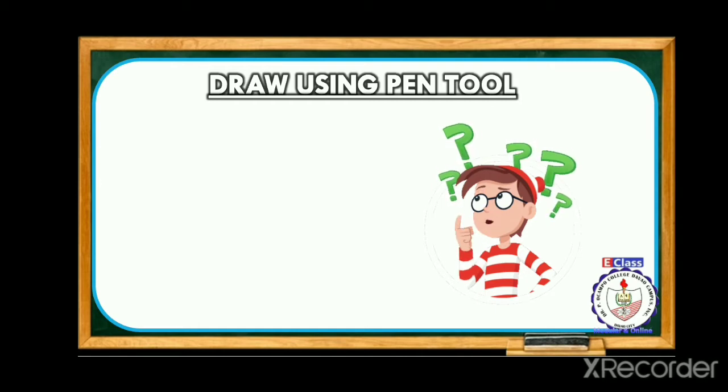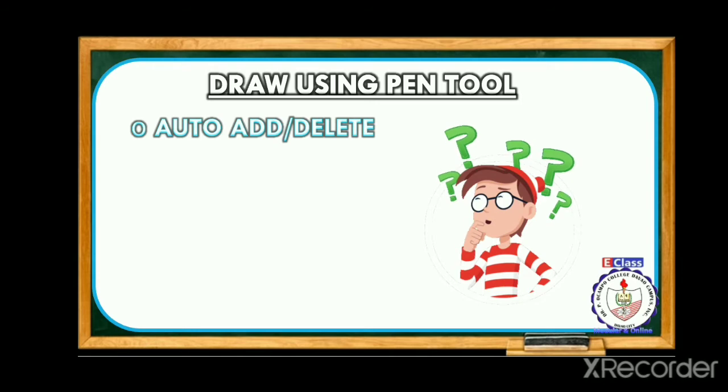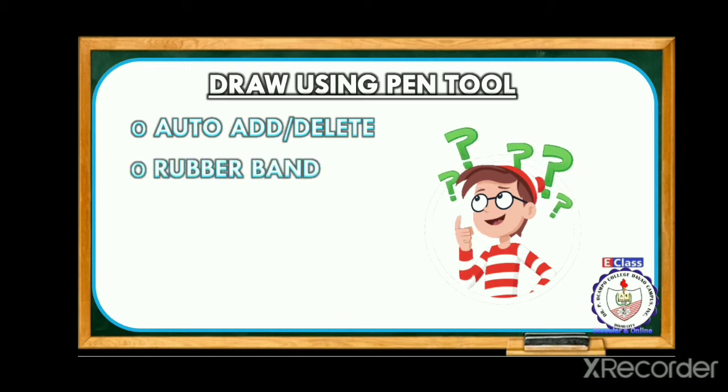It appears when the mouse is pressed, to add an anchor point to the path and remove an anchor point from the path. And lastly, when hovered over the begin point of the path, it closes the path. One is the auto add delete. The second is the rubber band.